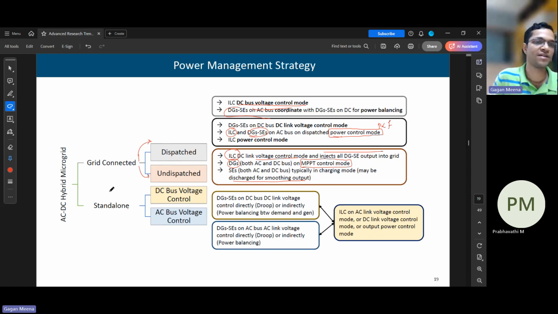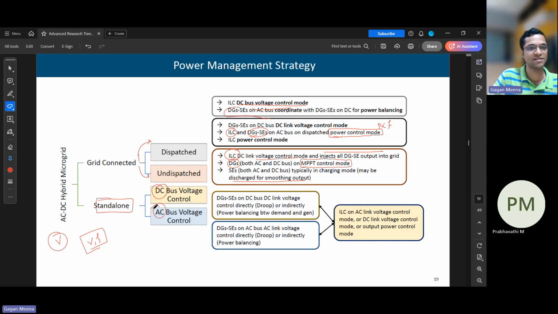This was the grid connected mode. The next is the standalone mode. Here in standalone mode, the microgrid is no more connected to the main grid, so maintaining the voltage and frequency simultaneously on AC and DC buses is important.